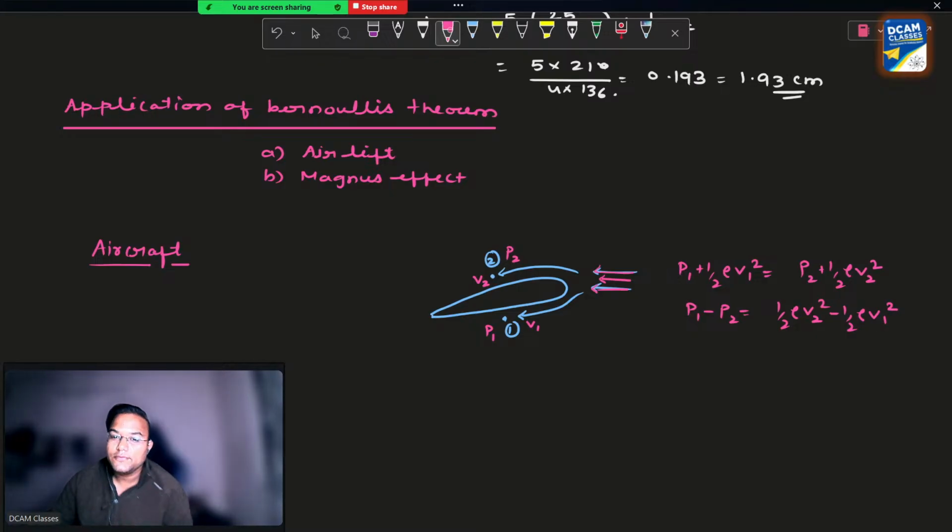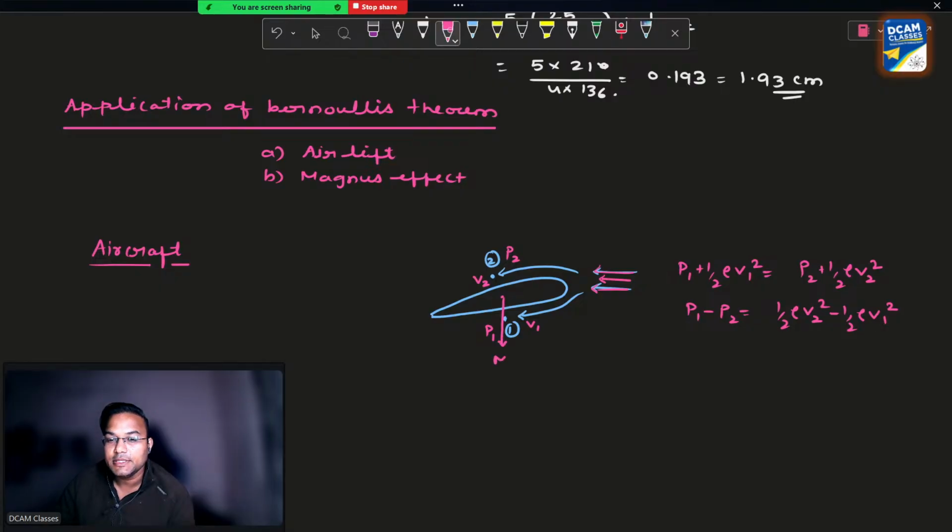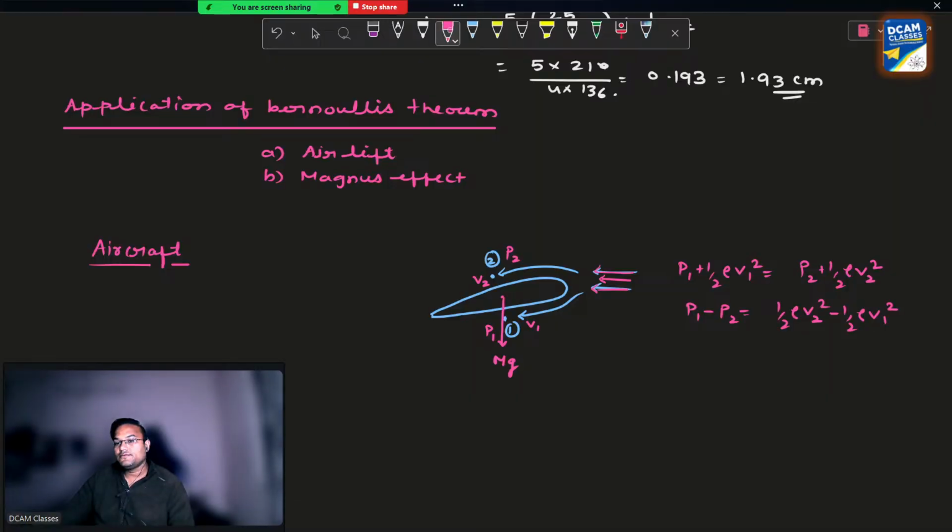And to take off, the weight of the aircraft is mg downwards. To take off, the ultimate force, that's P1 minus P2 into area, should be greater than mg, right? That's the ultimate requirement.